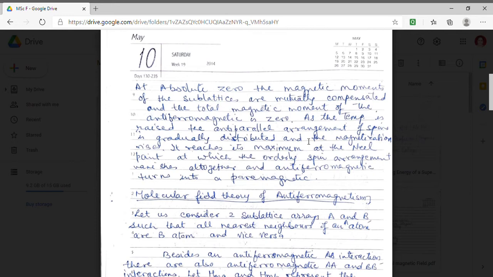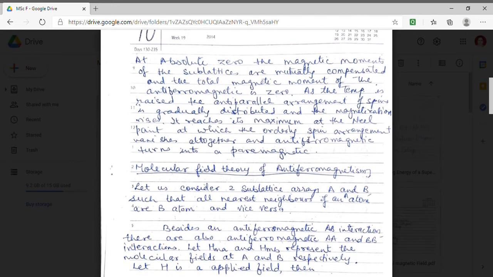For this purpose, I am assuming that there are two sublattice arrays denoted by capital A and capital B, and we have assumed that the nearest neighbors of A atoms are B and similarly the neighbors of B are A. Now we will consider the different types of interaction arising in this material.